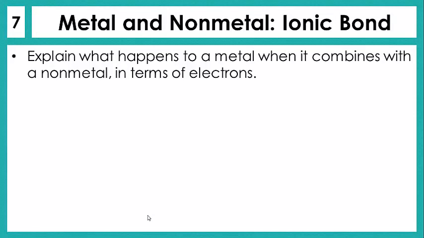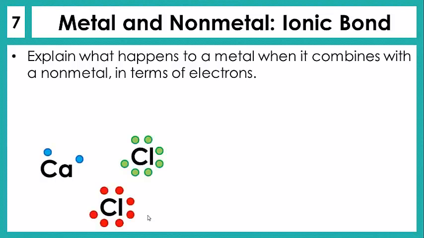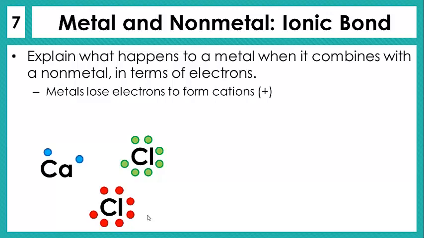Number 7 is asking us to explain what happens when a metal combines with a nonmetal in terms of electrons. So what I'm basically asking here is, how does an ionic bond form? So let's look at calcium chloride. Metals lose electrons to form cations. So this calcium is going to give up its electrons. Whenever you lose electrons, you become a cation.